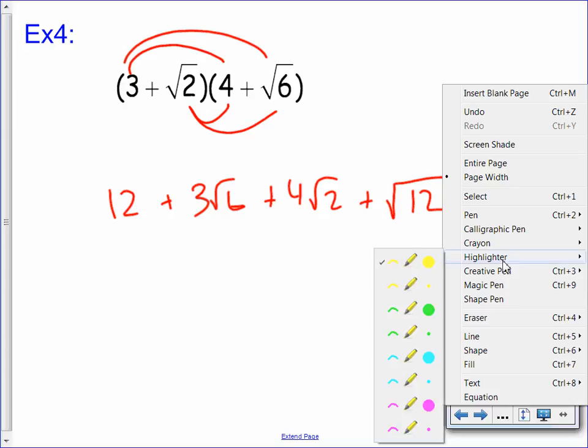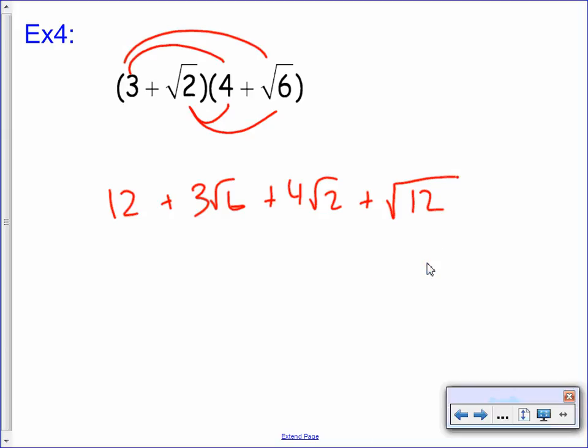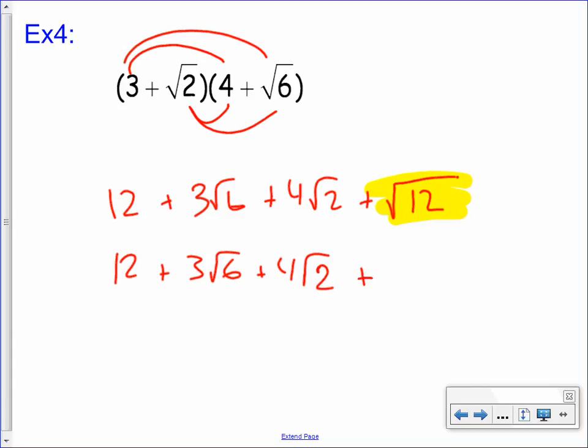First of all, look for combinations. But root 6 and root 2 are not the same company, so you can't combine them. The only thing that can be simplified is root 12. So this is 12 plus 3 root 6 plus 4 root 2 plus 2 root 3. Does anything combine? Heavens no, done.